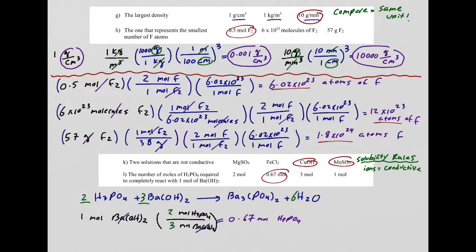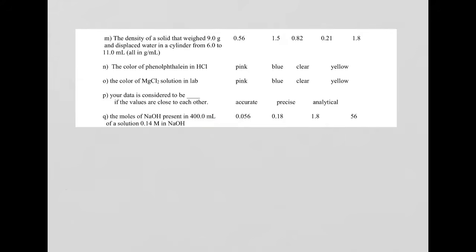Nice job so far. Now, our next problem is a density problem. And don't worry, I'll go back to that J problem that I forgot. Now, you know what density is. I know you know this. Density is mass over volume, right?